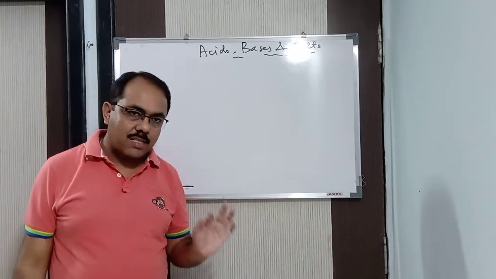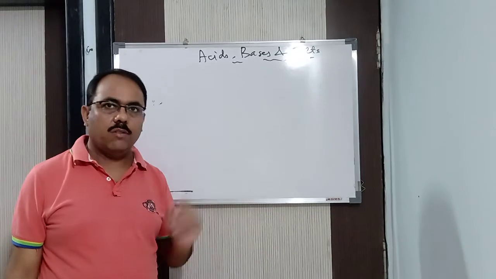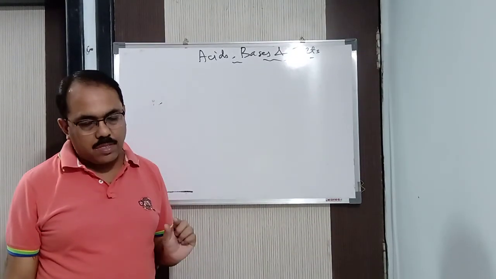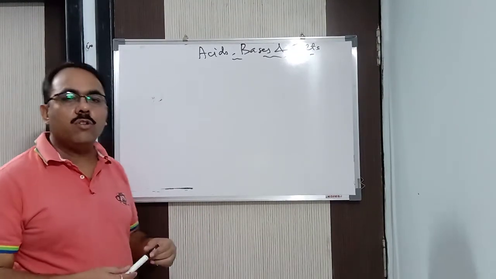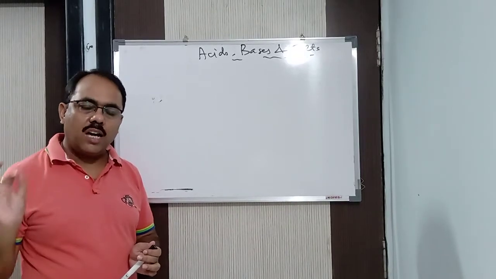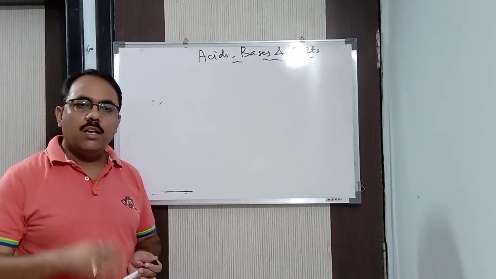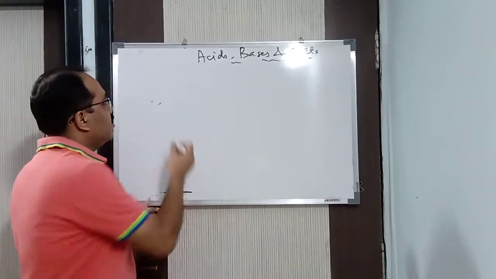Now what is an acid? You better write it down. Acids are those substances which give H plus ion or hydronium ion as the only positively charged ion in their solution. You know what is H plus ion?